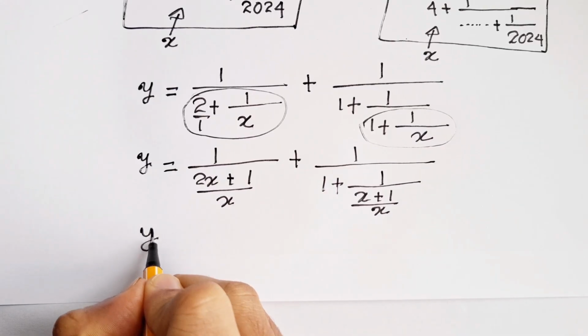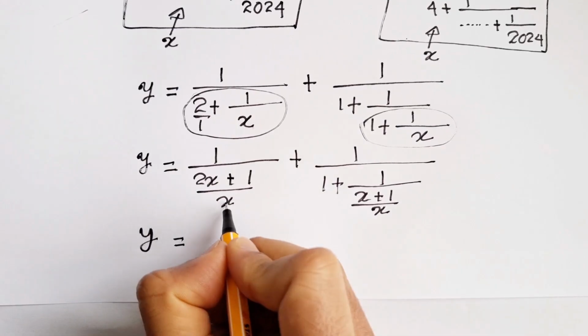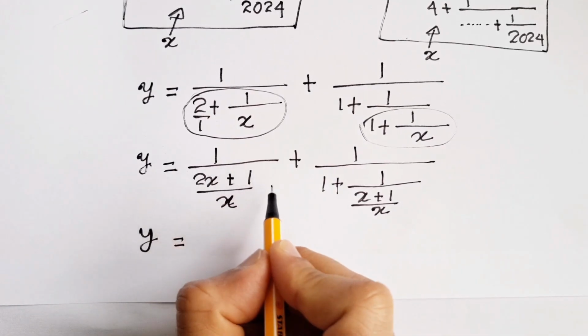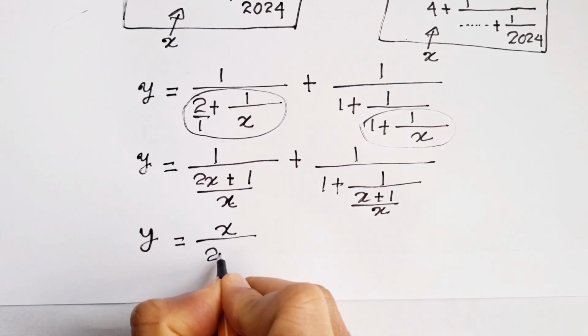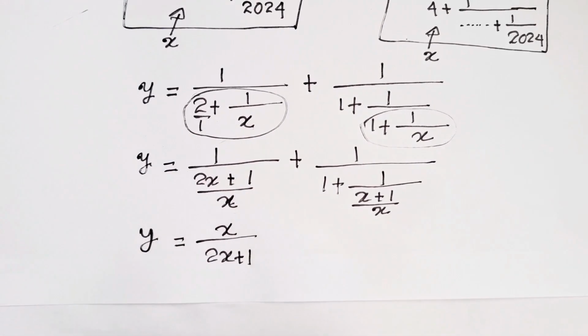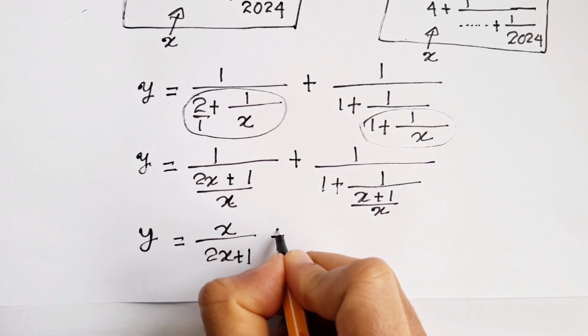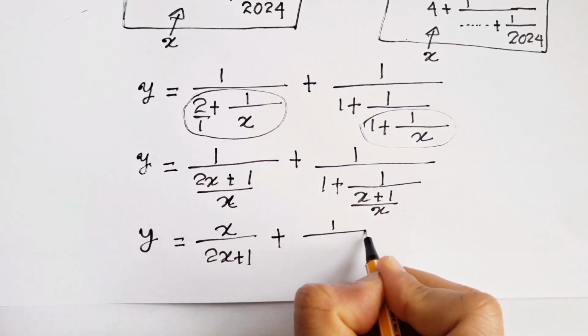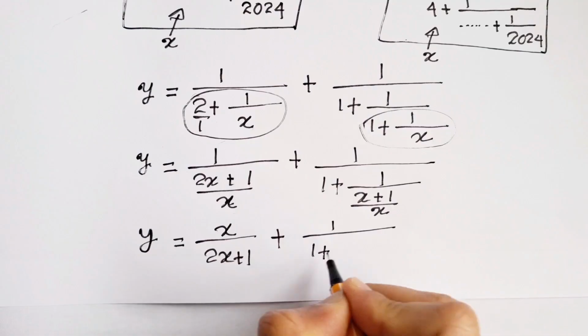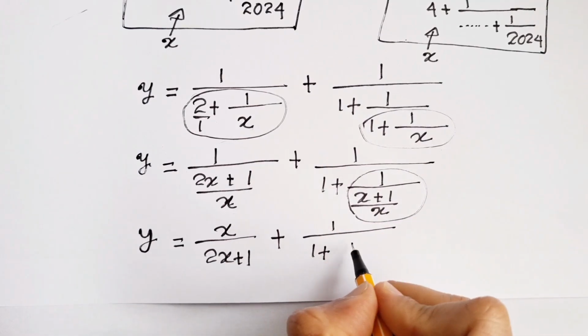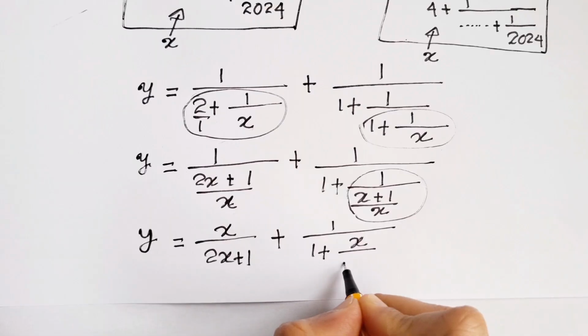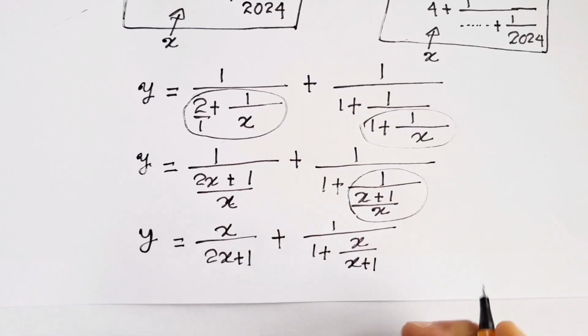Then y equals, we can rewrite this whole part as x over 2x plus 1 plus 1 over 1 plus, we can rewrite this whole part x over x plus 1.